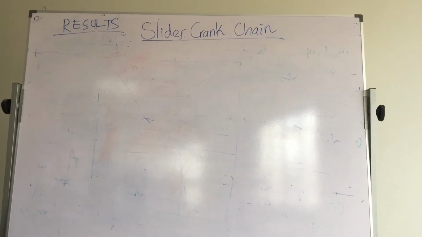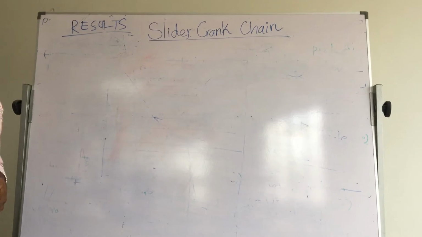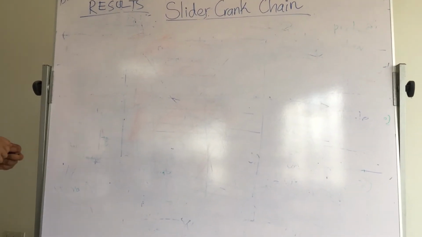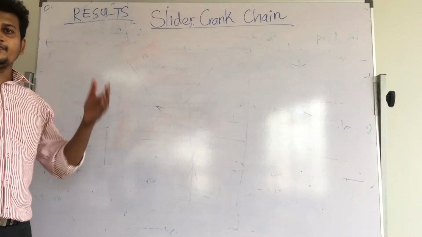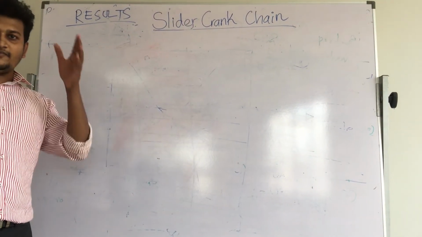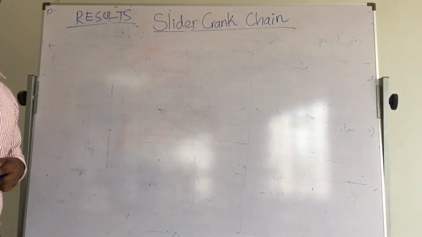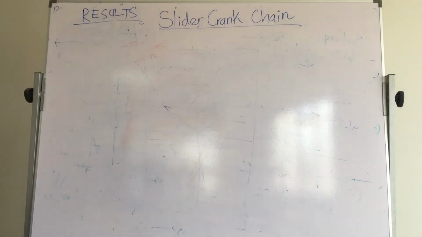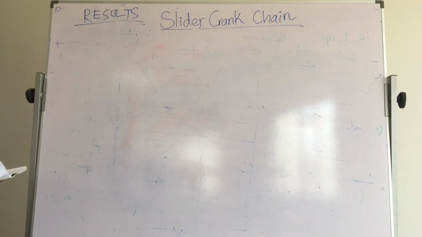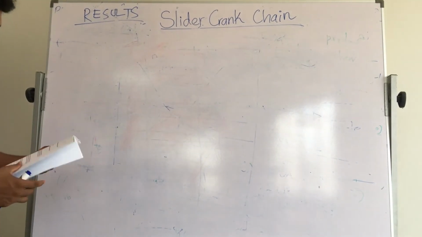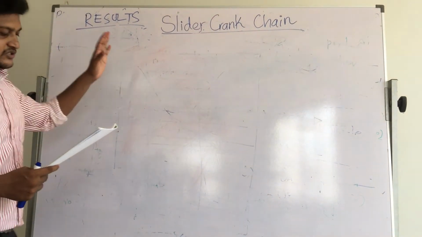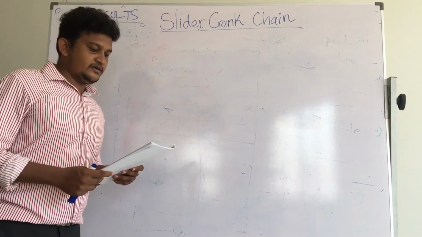Now we are going to move into the results section. What are you going to do with the observation values? We already tabulated all the readings, the piston velocity and the piston displacements. Remember our objective, why we are doing all this: we obtain the graph of piston velocity against the crank angle.